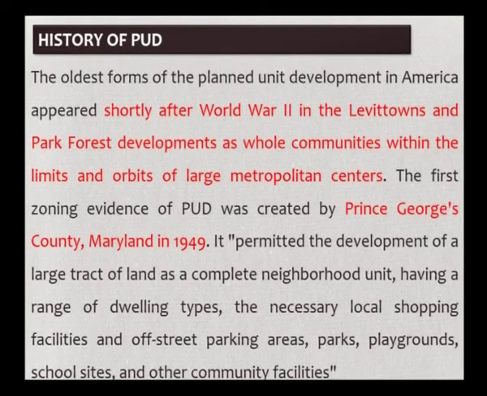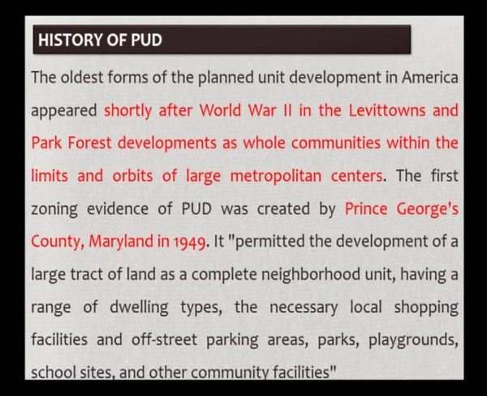However, in America, privately controlled communities often had to attract the industry after residential sectors had been built and occupied. The oldest forms of PUDs in America appeared shortly after World War II in the Levittowns and Park Forest developments as entire communities within the limits and orbits of large metropolitan centers.